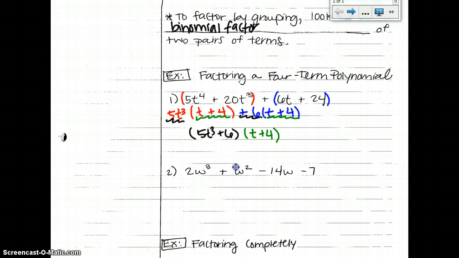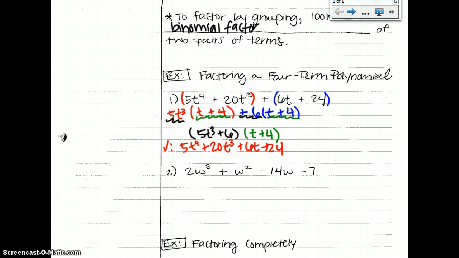So this is our final answer, the quantity 5t cubed plus 6 times the quantity t plus 4. We are going to check this real quick. 5t to the 4th plus 20t cubed plus 6t plus 24, and it checks out.